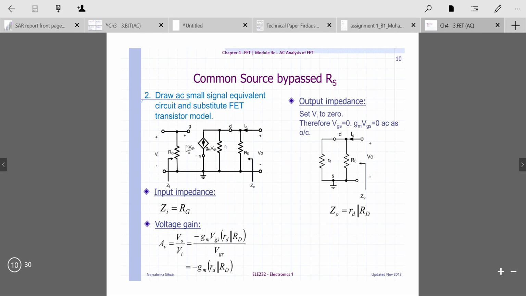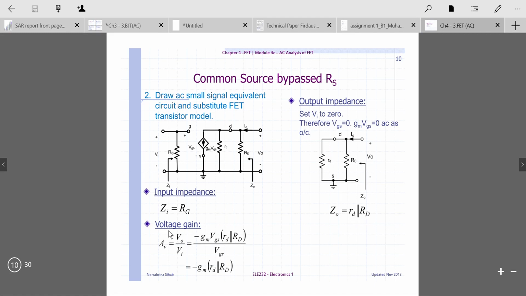When this is equal to 0, the dependent current source here will be an open circuit. So the circuit will be like this. The remaining resistances are small rd and RD. So you will have Zout equal to small rd in parallel with RD.